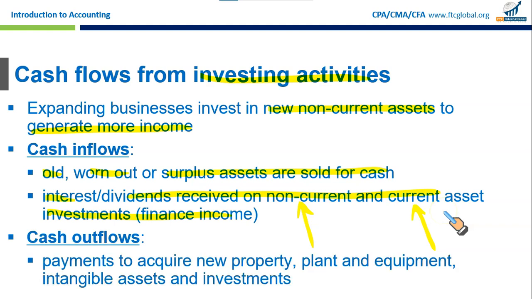Cash outflows means the payments to acquire new property, new plant and equipment, or maybe new intangible assets, or if we make new investments. So these are the outflows. We will discuss the format in the coming slides.